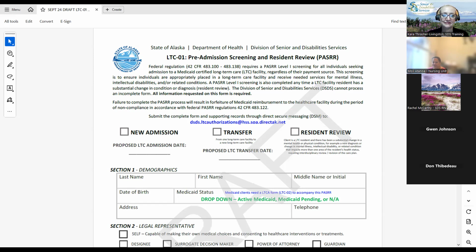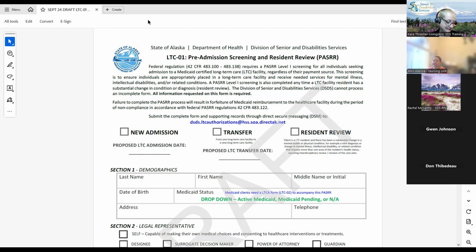So here's a draft of our new PASRR level 1 screening form. For the most part, starting off with the first page, your demographic information.